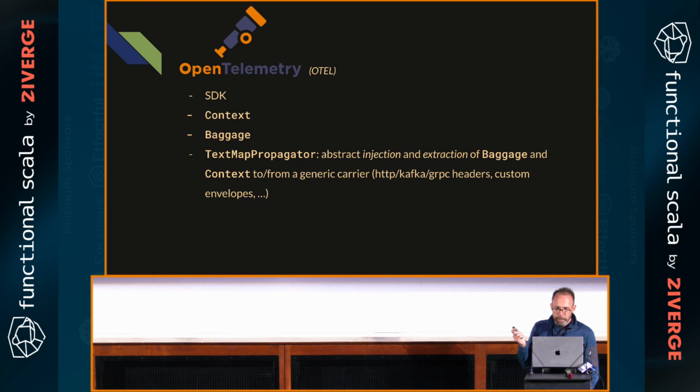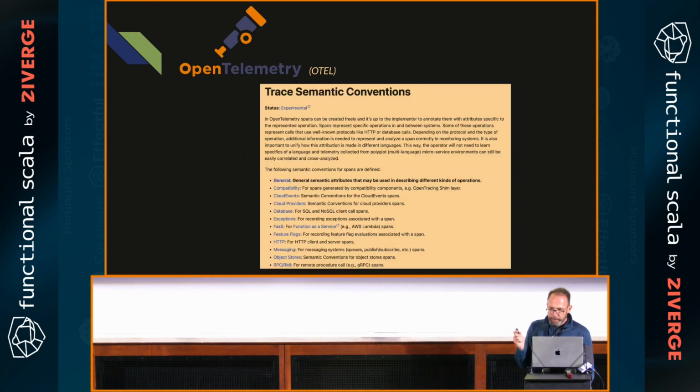OpenTelemetry comes also with a text map propagator, which is a mechanism to inject and extract this context and baggage information to and from a generic carrier. This carrier can be HTTP, Kafka, gRPC headers, or custom envelopes, you name it. Another thing where OpenTelemetry is making a great effort is to define some semantic conventions, which define a set of names for standard attributes where we put standard information.